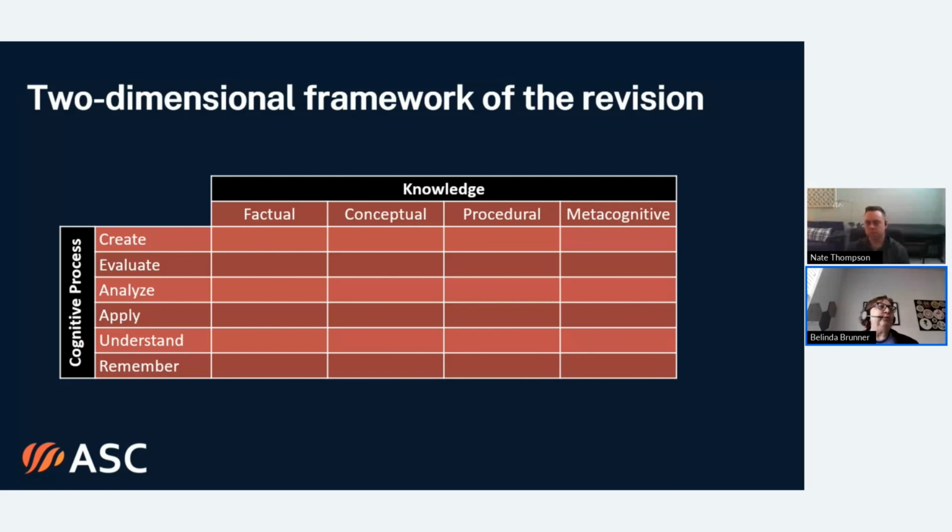So in other words, were you remembering factual knowledge? Conceptual, is it concepts or principles? Is it more procedural knowledge? Or it also considered metacognitive knowledge, which is basically your own self-awareness and the strategic knowledge you have and being able to apply what you've learned.